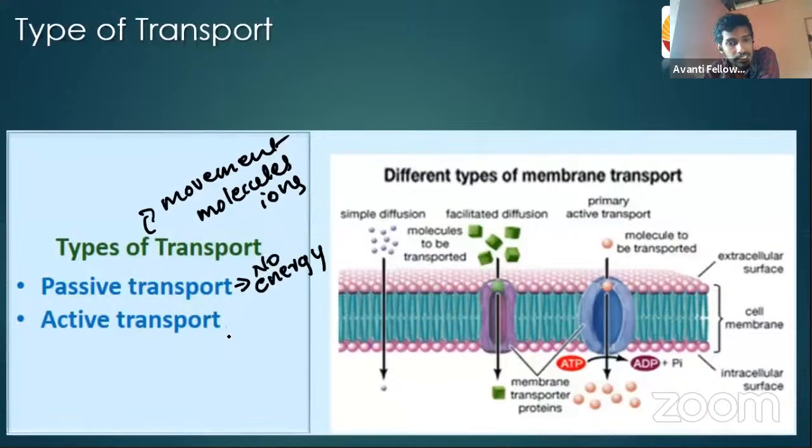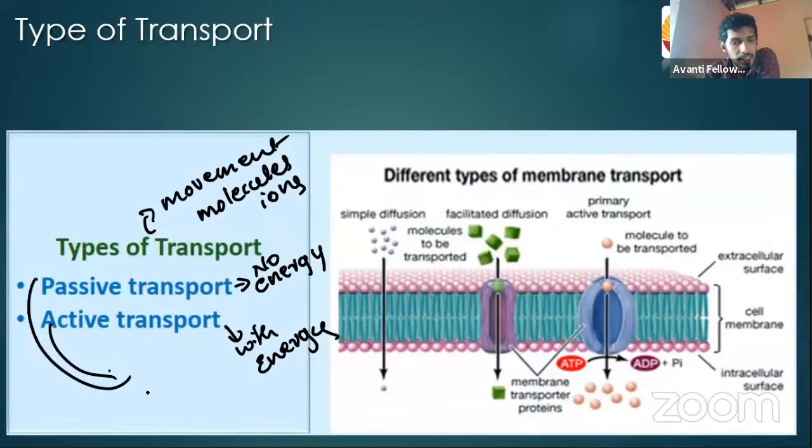And another one is active transport, with energy. All of this transport will happen with the help of the plasma membrane, or you can say cell membrane. PMCM doesn't mean prime minister and chief minister. It's plasma membrane and cell membrane.